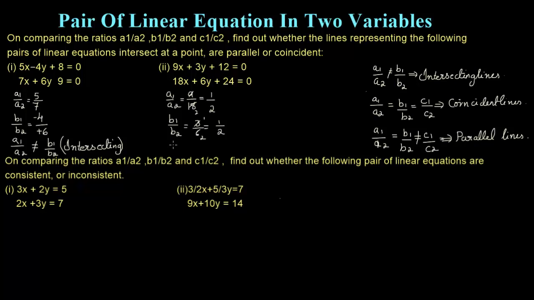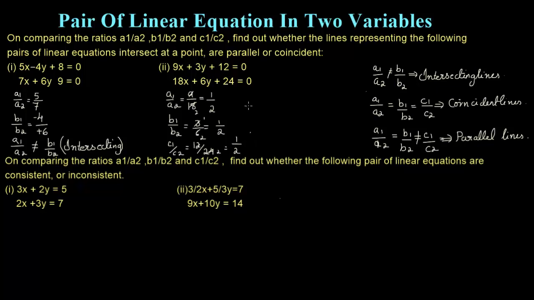So now let us go to the next one, because for coincident and also parallel lines, the a ratio and b ratio are equal. Now the third ratio decides which kind of line this is. c1 by c2 is 12 by 24. 12 ones are 12, 12 twos are 24. So even this is 1 by 2.